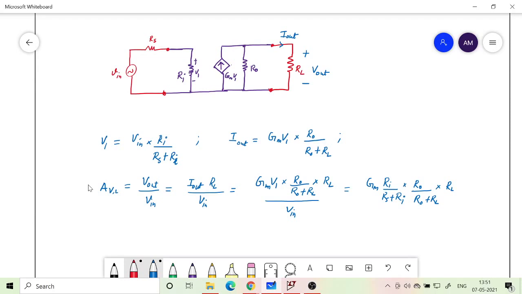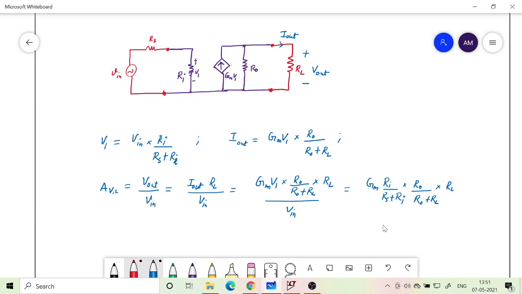Okay, so that's what it is, right? V in gets cancelled off after substituting V1. So this V1, when I substituted using this equation, V in came there and V in got cancelled. So what is left is Ri by Rs plus Ri into R0 by R0 plus RL into RL. So that is my voltage gain.